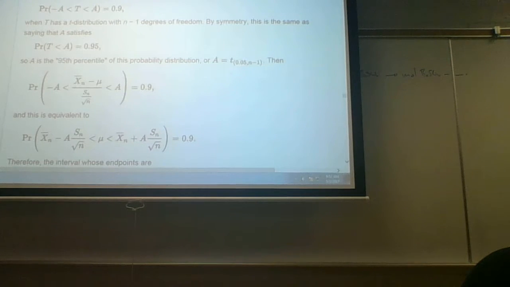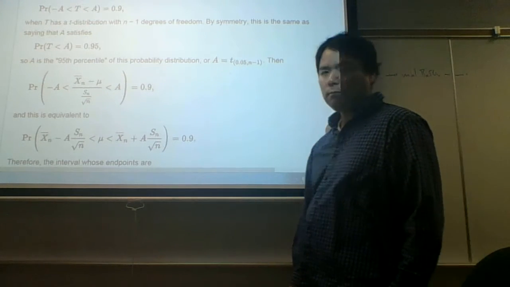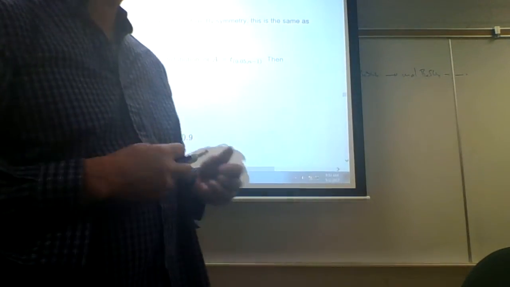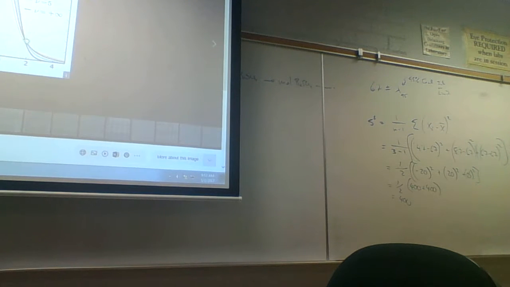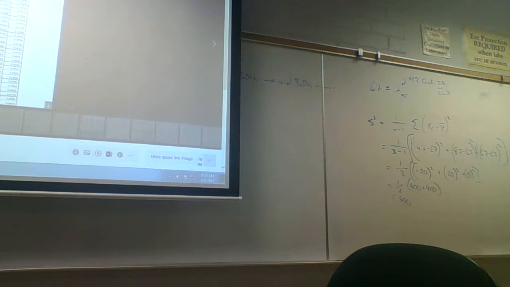So s, we just calculated that. T comes from the table. And n is just the number of measurements. I'm going to skip all this other math here. So what we'll do is we have to go to the table now and take a look. Let's go to a student's t table.